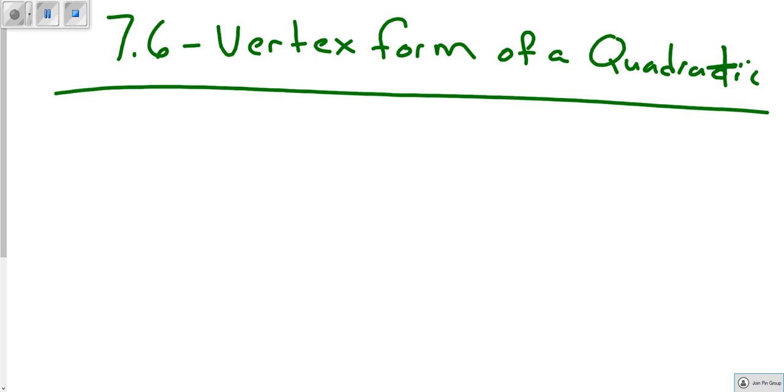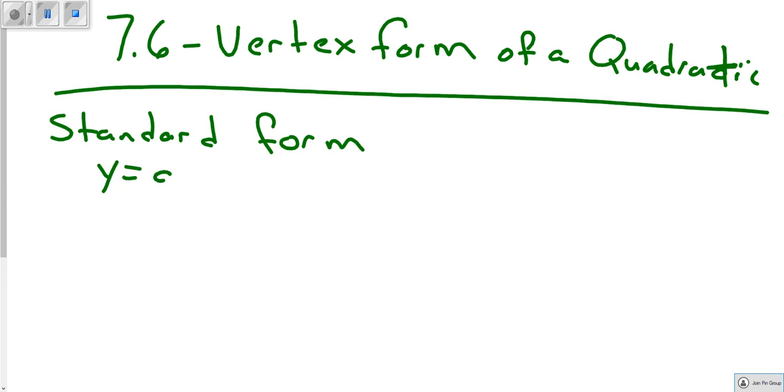So up till now, we've been working with things in standard form, right? For standard form, just by looking at it, all you can really tell is where the y-intercept is, right?